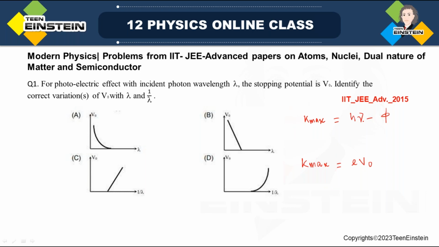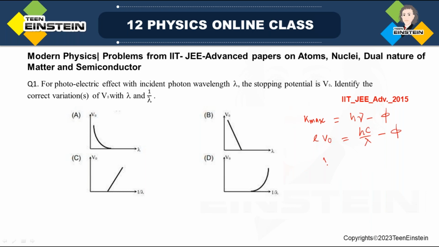And see, in place of nu, we can write c by lambda. So if we do that modification to this equation, what we get? eV0 is equal to hc by lambda minus phi. So we have to plot in the y-axis V naught.